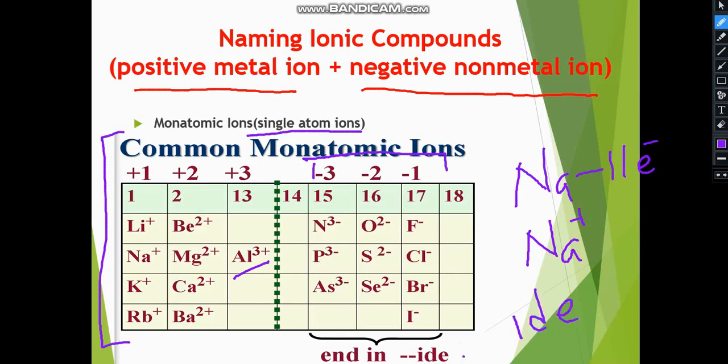So let's now practice how we name these compounds after we have known the monoatomic ions and some of the charges they make. Take this example of monoatomic ions in a compound.